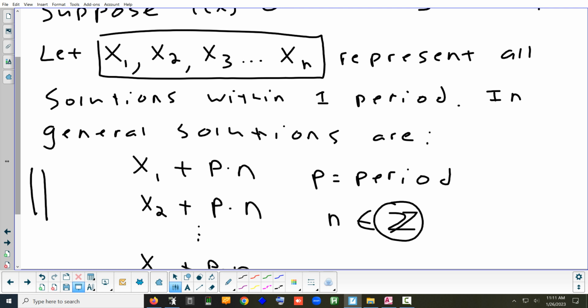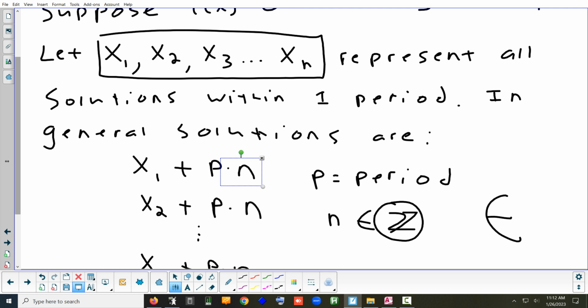That's the real number symbol. Yeah, integer. So this means integer. This symbol, which looks kind of like an E, means an element of. So that means that this letter is an element of the integers, or it has to be an integer. So remember, this is always an integer.